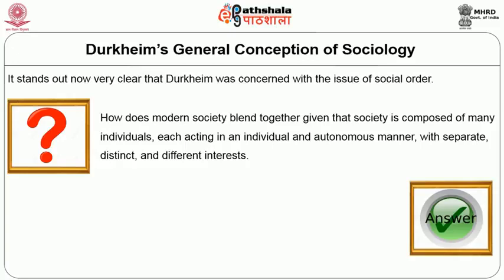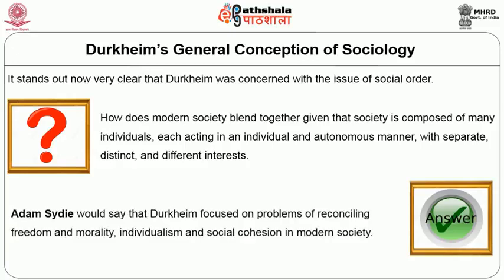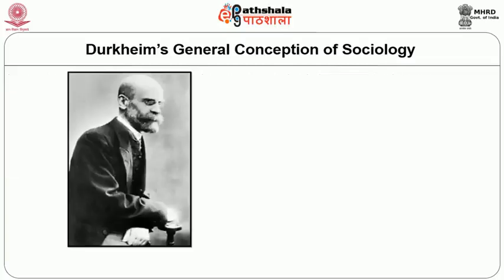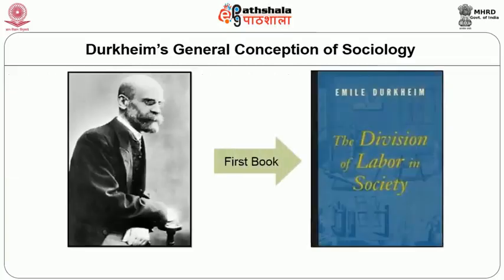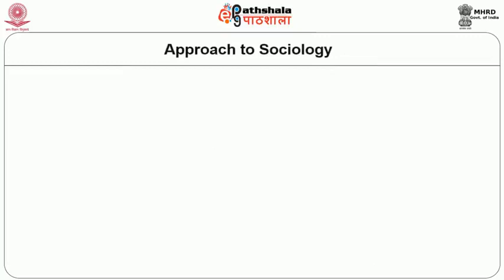To answer this question, Saidi would say that Durkheim focused on problems of reconciling freedom and morality, individualism and social cohesion in modern society. These led Durkheim to write his first book, The Division of Labor in Society, in which he explored and explained these issues.